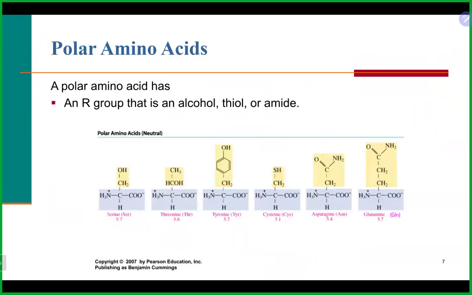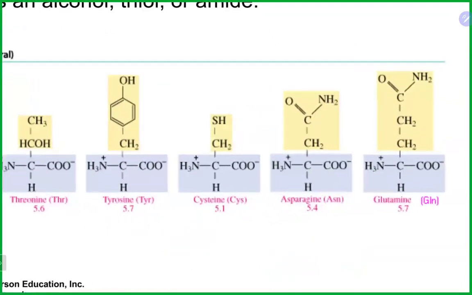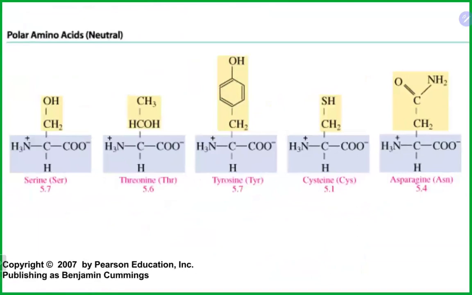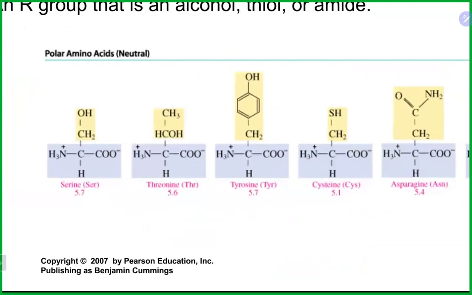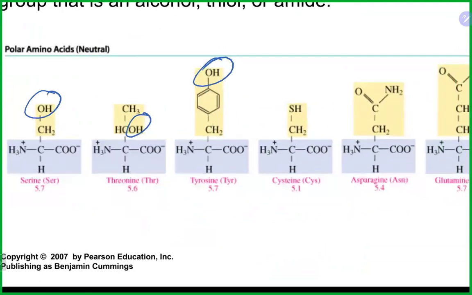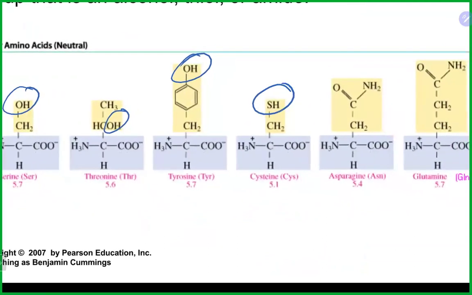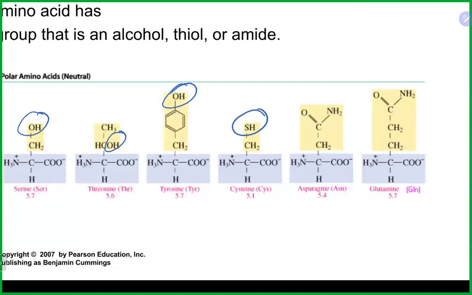Here are some examples of polar amino acids, and once again, we do see several common threads here. We definitely see some OH groups hanging out, so that's a really good idea. Remember that SH, like we see in a thiol group, is similar to OH. So that's really good as well. And here we have this group here, which is an amide group, right?